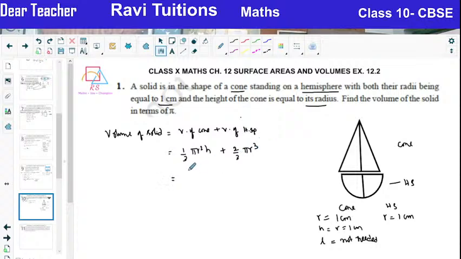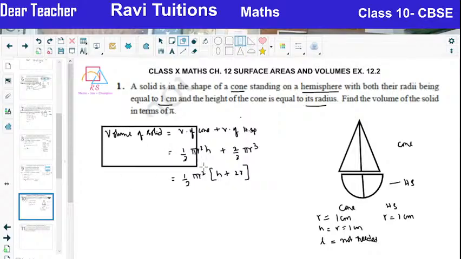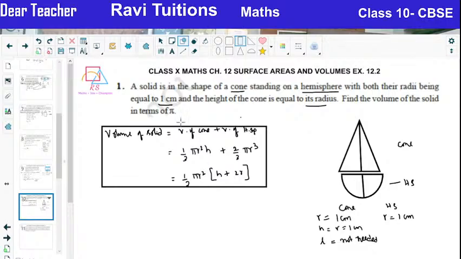Now I will take 1 by 3 pi r square common. So it is equal to h plus 2r. This is the key step. I told you, in every problem we have a key step. For this you will have marks.